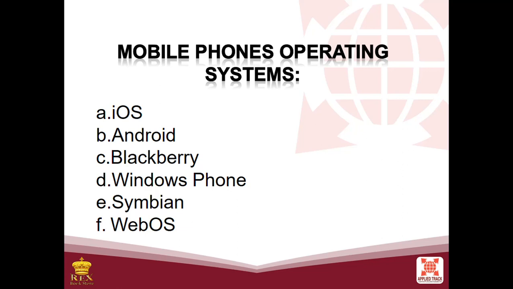And then Symbian, this is the old operating system for the smartphones. We have webOS as well, which we are now using for smart TV. So those are the different operating systems for mobile technologies.